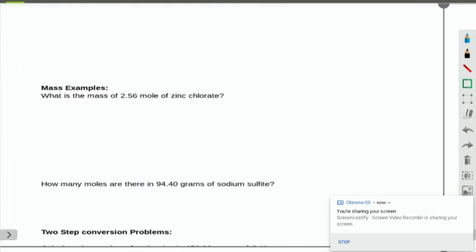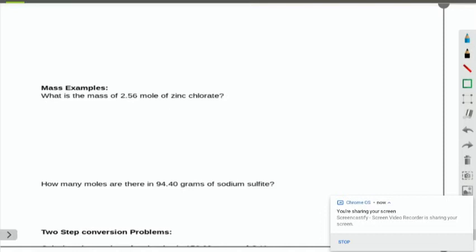Something I started to mention in the last video, and I don't know if I got cut off with the 5-minute limit, is that these problems are going to appear mixed. So it's not always going to be, oh, this will be a mass example, this is a particle example. They're all going to end up being mixed, and you will have to figure out what steps you need to do to complete the problem. I'm going to try to help you get ready for them separately, and then we'll do some practice where they are mixed.